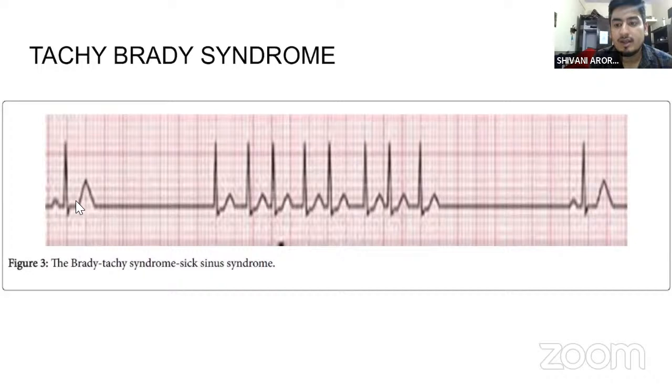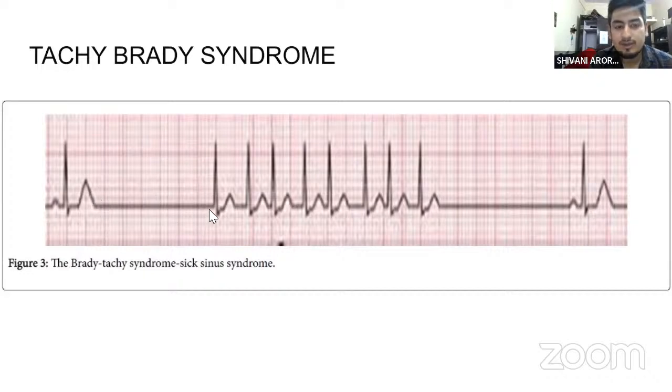In that case, suppose the atria take up the work of the SA node, then it would present as atrial fibrillation. So we can see that initially sinus bradycardia was going on in this ECG, and suddenly there is a pause. This pause represents that the SA node stopped firing suddenly.